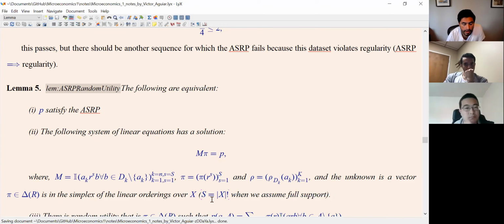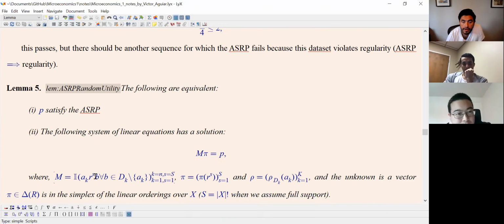Columns here are the preference types, and rows here are just the experiments, indexed by k, from 1 to n. So these are just the observations. And then what I'm doing is looking for the fractions of each type. This is the pi that adds up to 1 and is greater than or equal to 0.